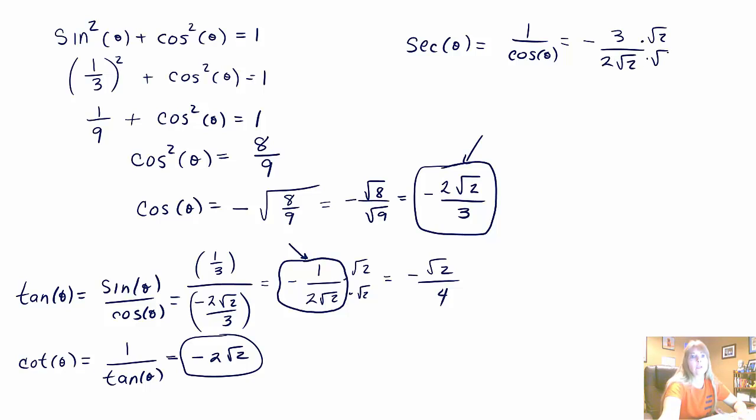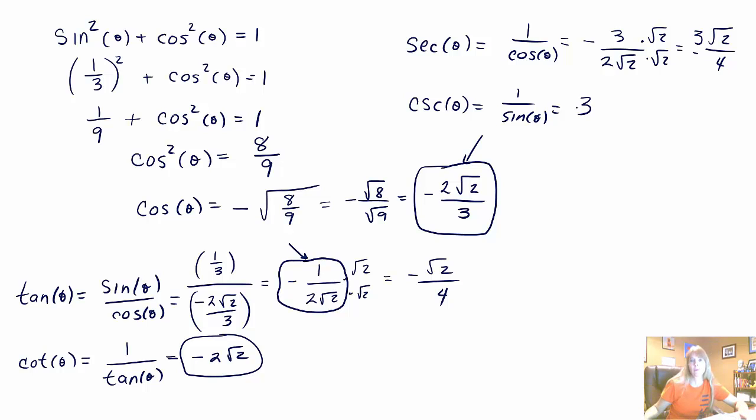And then, of course, still having to do this business here. Over 4, don't forget my negative sign out there. And finally, cosecant, which is 1 over the sine. So I'm just flipping the sine. Well, the sine was 1 over 3, so it would simply be 3.